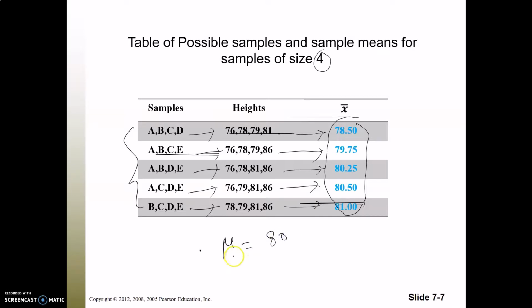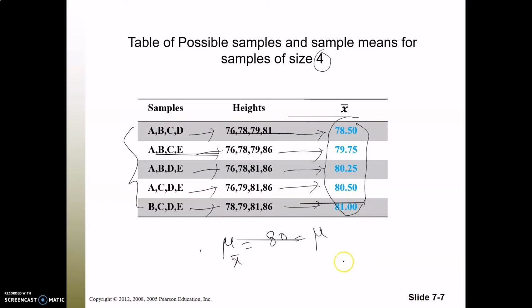Let me call this the mean of the sample mean, mu of x bar, and this comes out to be the population mean. We have done the same previously.